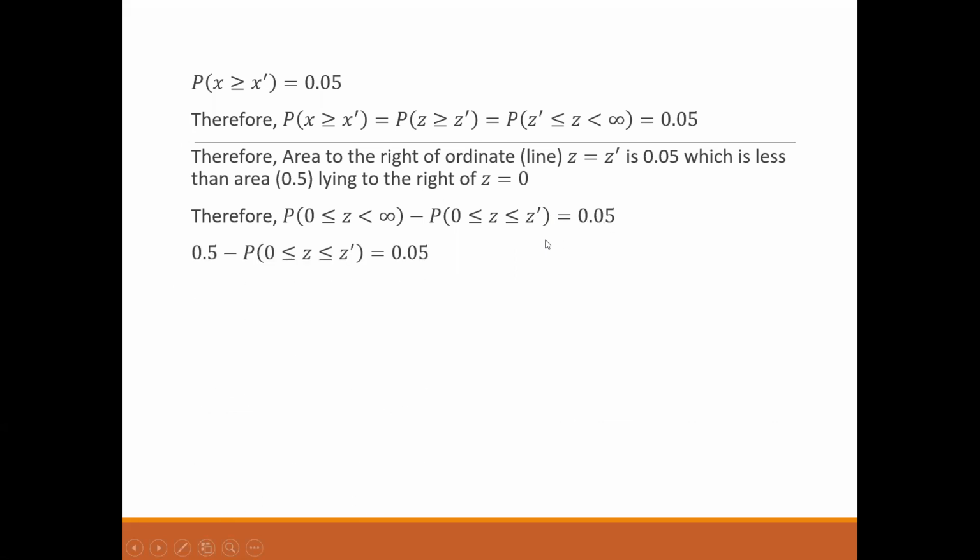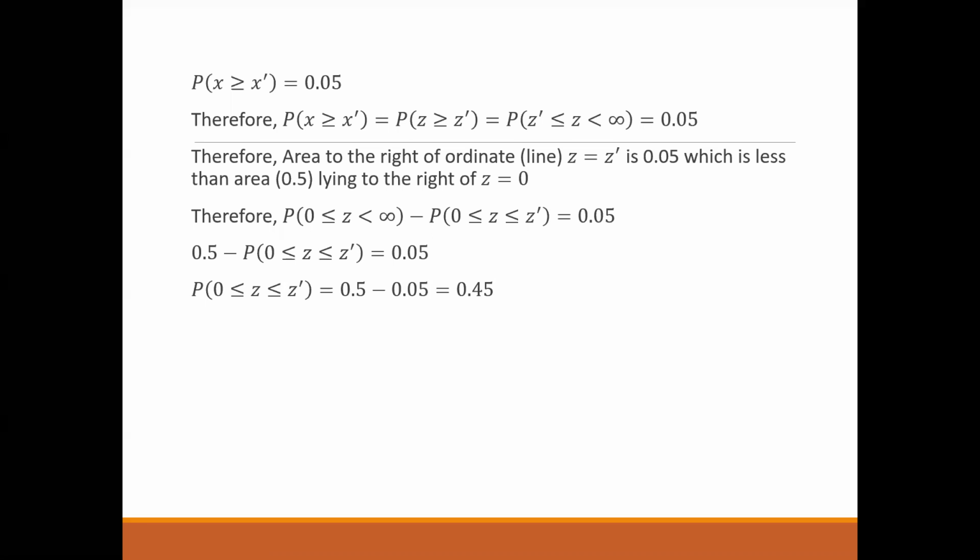So we can write this in this form. This is clear? Now putting 0.5 on the other side, this probability between 0 and Z dash, P(0 less than or equal to Z less than or equal to Z single quote), equals 0.5 minus 0.05, which gives me 0.45.